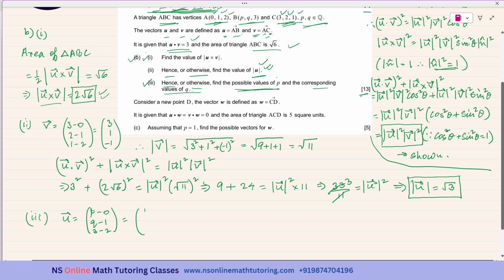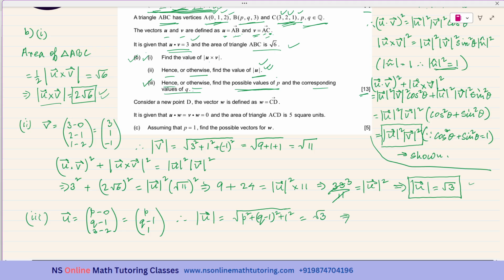So this is (p, q minus 1, 1). And we know that the magnitude of U is equal to root 3. Therefore, the magnitude of U is the square root of p square plus (q minus 1) whole square plus 1 square, which is equal to root 3.